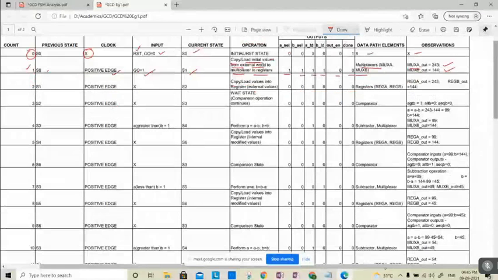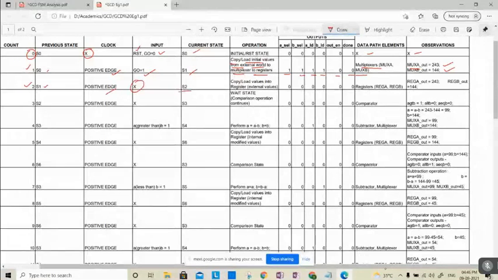So in the data path, where is the multiplexer, where is the subtractor, where is the register, the comparator, the register output. All this must be visualized by yourself. I cannot visualize on your behalf. That is your job. Then after that, whenever the count is equal to 2, S1 is the state, previous value, positive edge is given, and irrespective of the input values it moves on to S2.